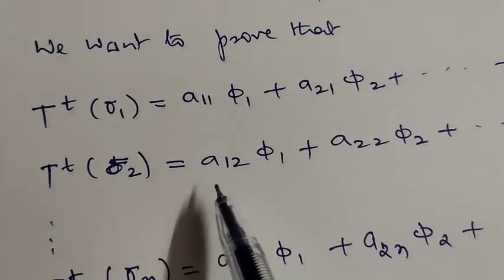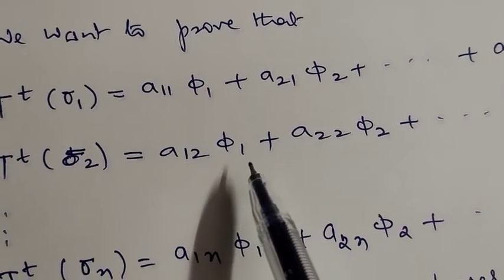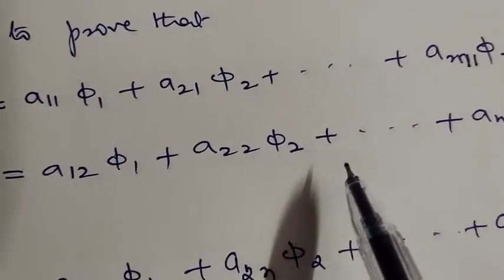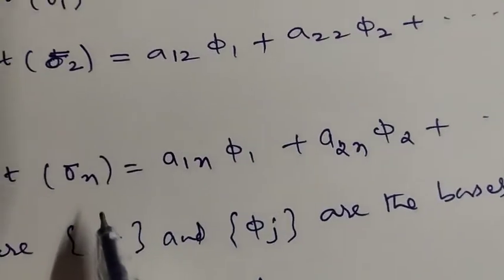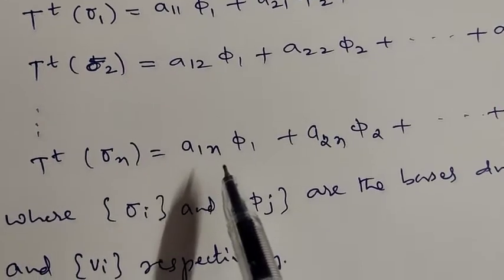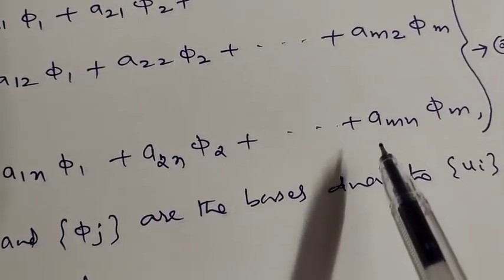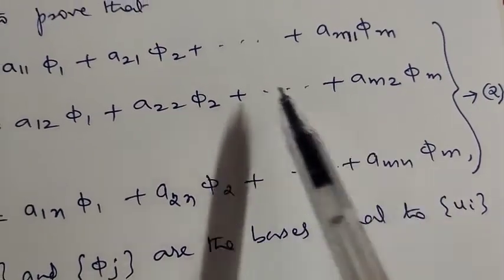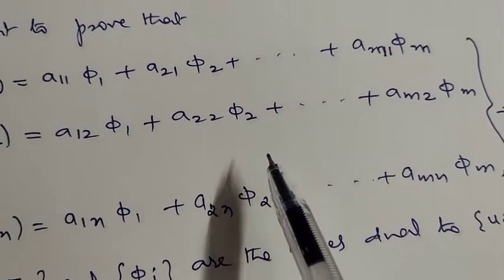T^T of sigma 2 is equal to A12 phi 1 plus A22 phi 2 etc. plus Am2 phi m, and so on. T^T of sigma n will be equal to A1n phi 1 plus A2n phi 2 etc. plus Amn phi m. If you take the matrix, this will definitely be the transpose of A.